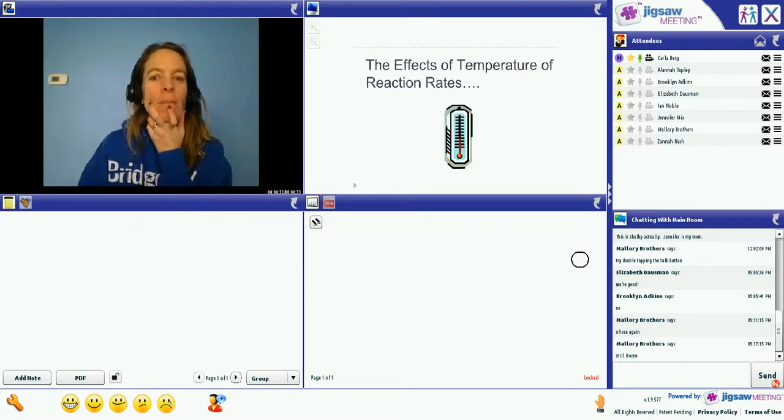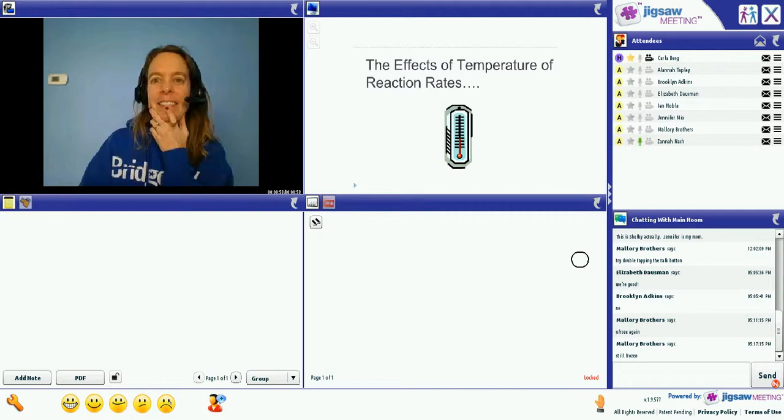All right, so you just see me, and I actually just erased the giraffes. So right now, what two screens are you seeing? You should be seeing me, hopefully, and a PowerPoint that says effects of temperatures on reaction rates. No, we are just seeing you.